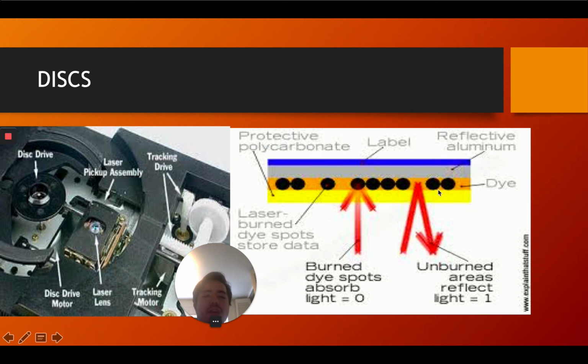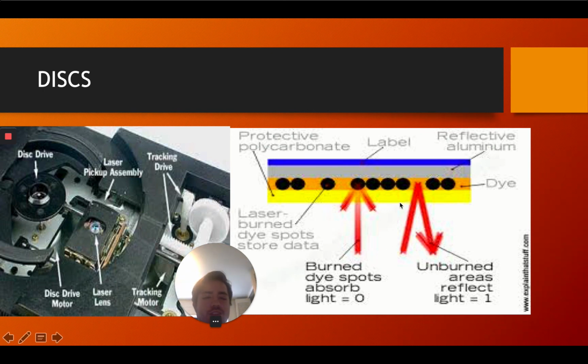And there are different patterns, so you get some spaces that are dyed, some that aren't. The spots that are dyed absorb light, which equals 0 in computer language, and the ones that don't have dye reflect light, which equals 1. So it's interpreting that pattern, 1, 0, 0, 0, 1, 1, 0, 0, the standard thing.